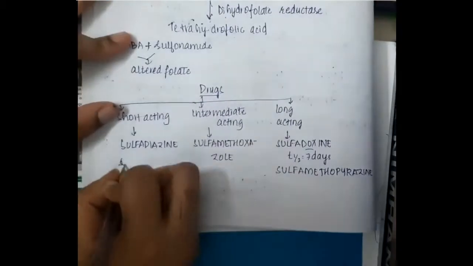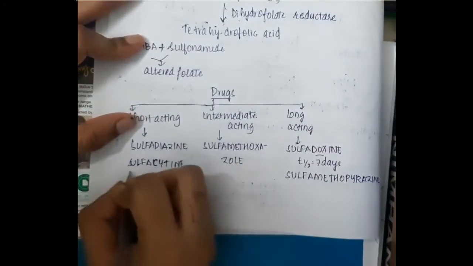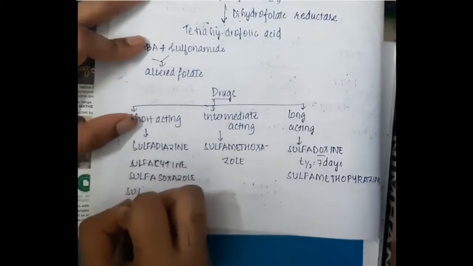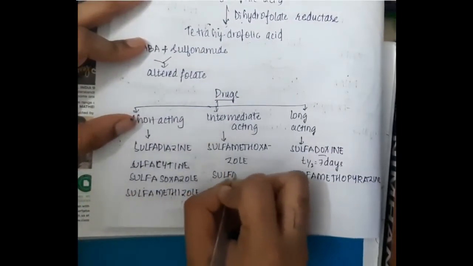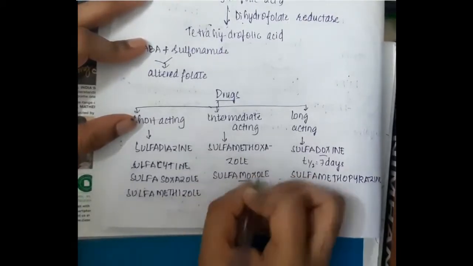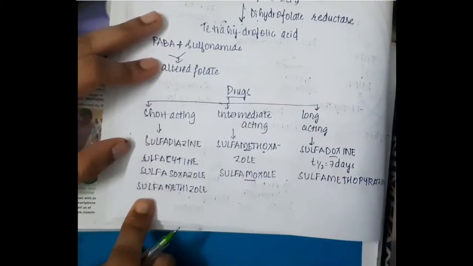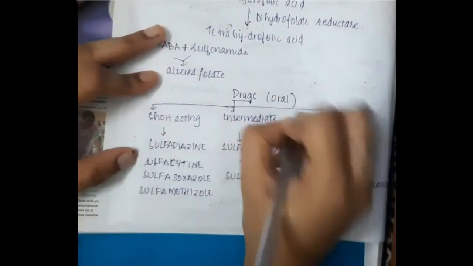Short-acting drugs include sulfadiazine, sulfacytine, sulfisoxazole and sulfamethizole. Intermediate acting include sulfamethoxazole. So these are the important short acting, intermediate acting and long acting drugs.